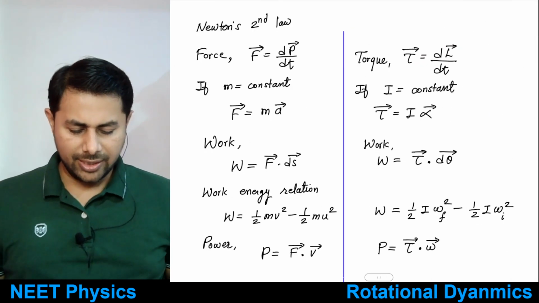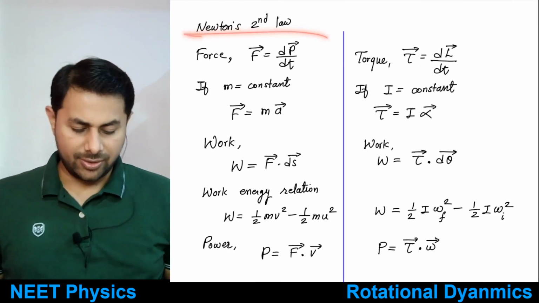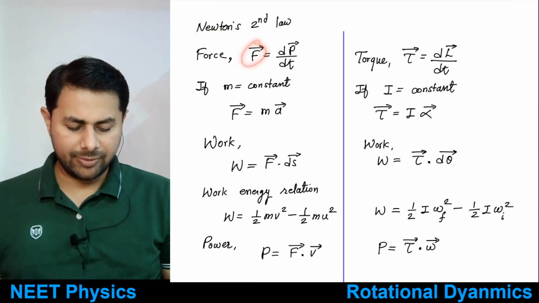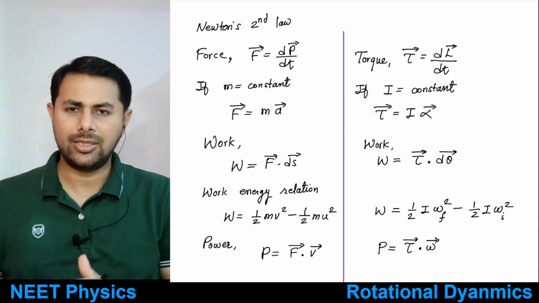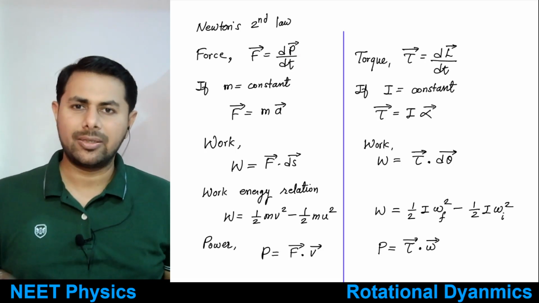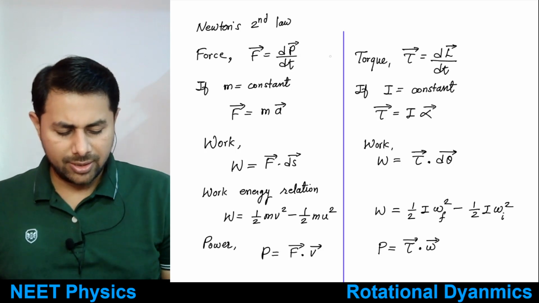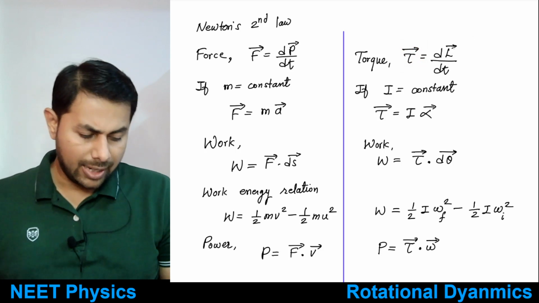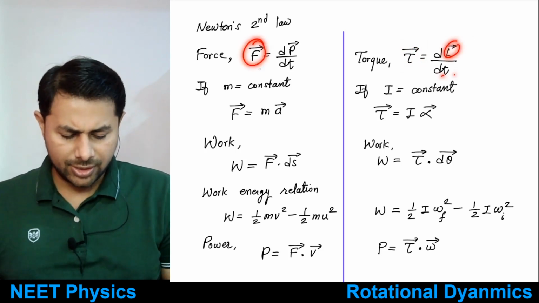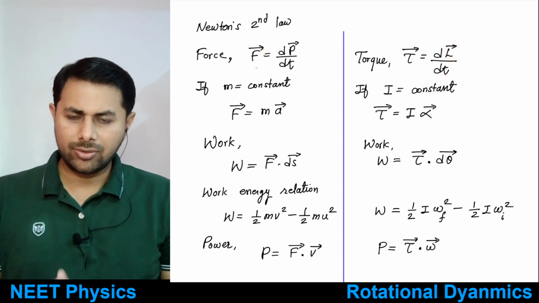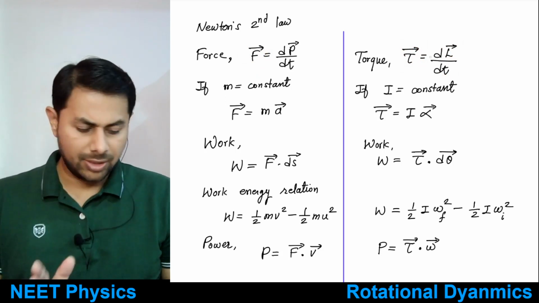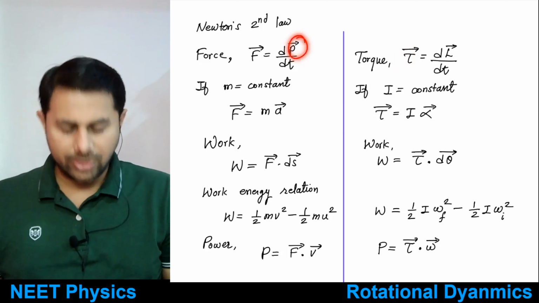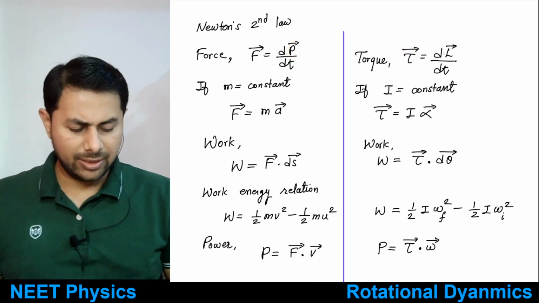Okay, then let's see the next one. Newton's second law. For the case of linear motion, you have F bar is equal to dp bar by dt. Force is equal to rate of change of linear momentum with respect to time. So similarly, you have torque. Torque is equal to rate of change of angular momentum with respect to time. The analogous quantity of force in rotational motion is torque. So torque would be equal to d by dt of the analogous quantity of linear momentum, that is angular momentum.